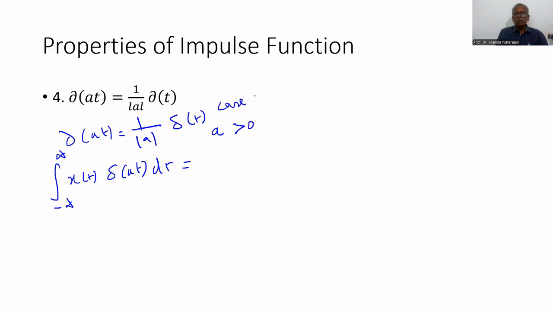Case 1: let us assume that a is greater than 0, it is positive. And let us assume that at equals lambda.